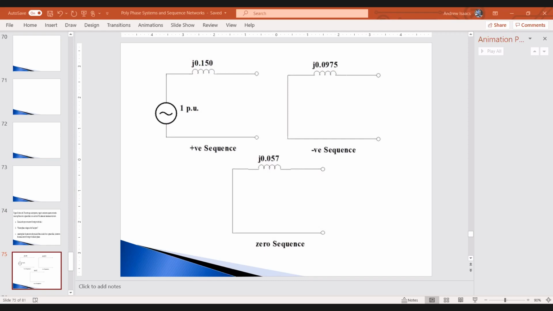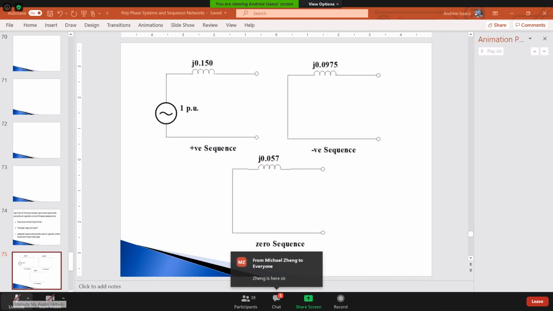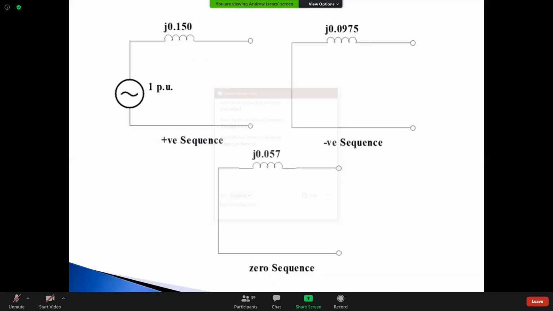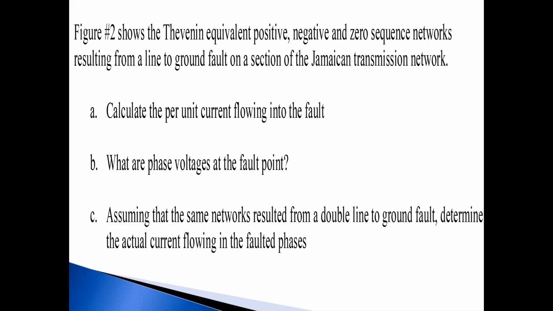Okay, so let's get back to the question. We have the three networks, and the question asks us to calculate the per unit current flowing into the fault. By the way, this was a question on last year's final exam.